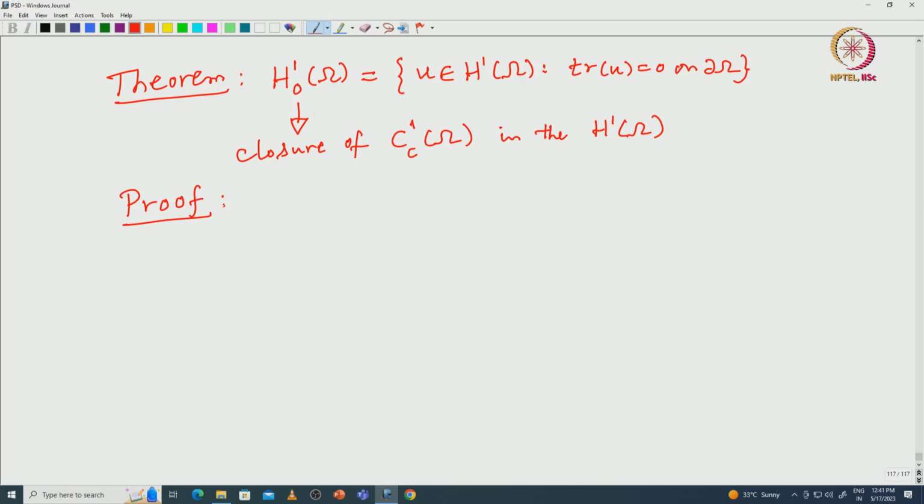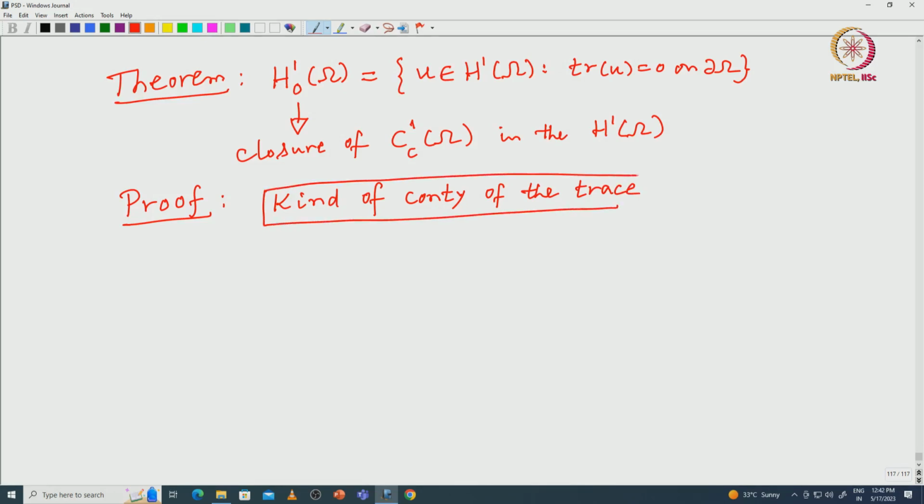This actually requires a kind of continuity of the trace. I will try to make it more clear. So, that is the preparation, that is actually the preparation.